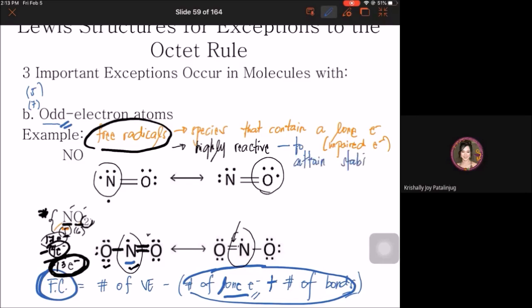That is the purpose. That is why even with an unpaired electron, they can still attain the octet for that particular central atom. How? By interacting two molecules of that particular radical.